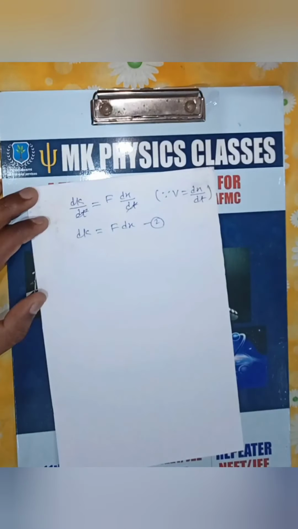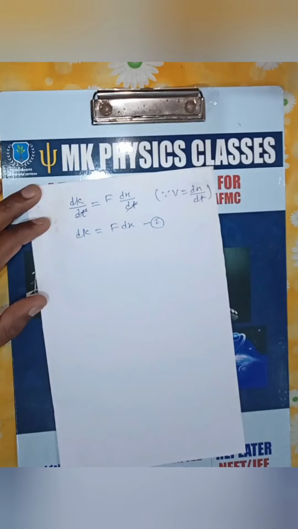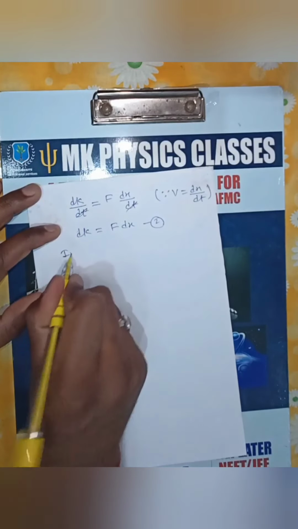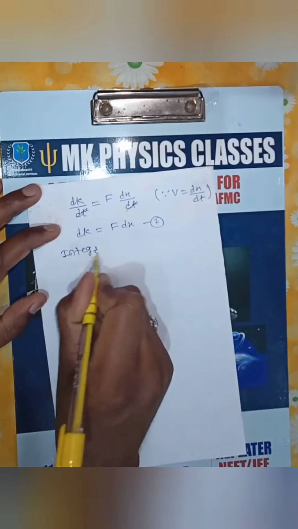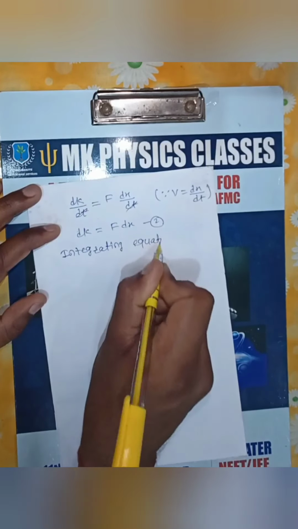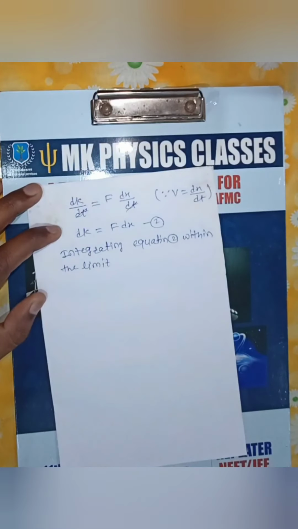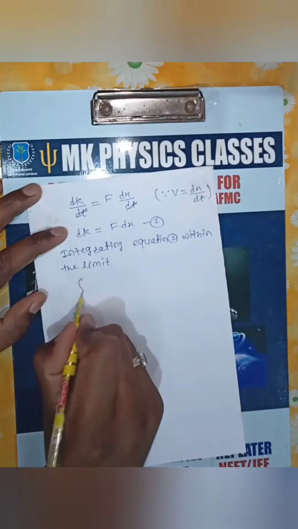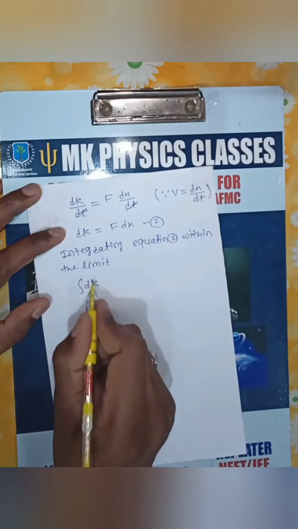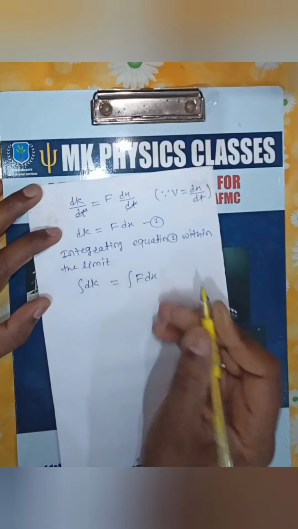Now this is equation number 2. Now we have to integrate this equation within the limits. Then the integration of dK is equal to the integration of F into dx.